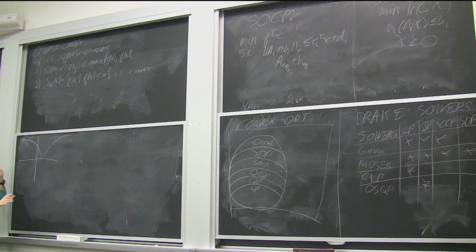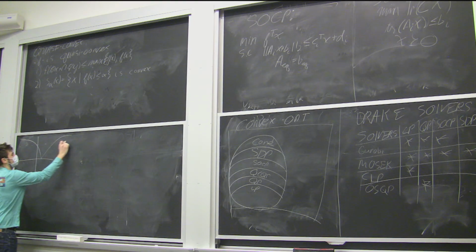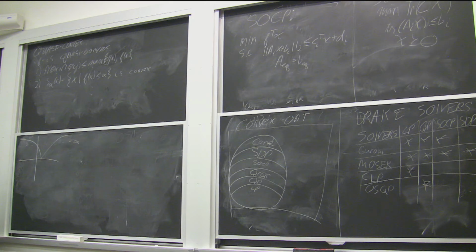If I have some sort of quasi-convex function here, and I pick some alpha sublevel set, the alpha sublevel set is this chunk of line. But the epigraph of this function is a 2D thing. It's this area in here. Notice that the epigraph is not convex here. So f is not a convex function. Okay, thanks. It's a good question.